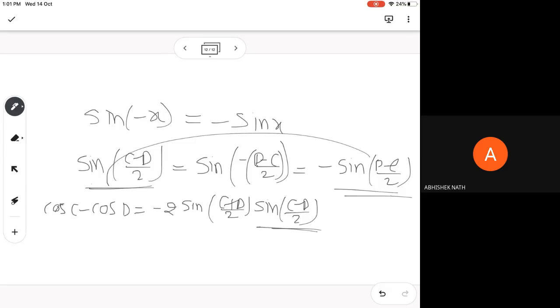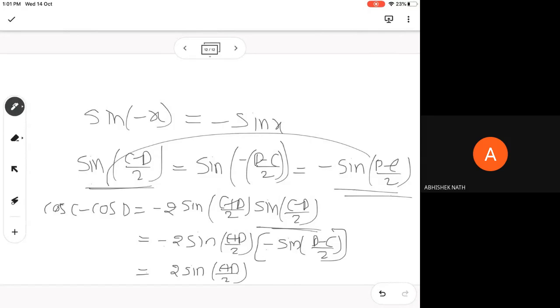So minus 2 sin c plus d by 2, and this can be written as minus sin of d minus c by 2. Now multiply this minus and minus, it becomes plus. So then you are going to get 2 sin c plus d by 2 into sin d minus c by 2. Isn't it? Now did you understand? Yes, sir.